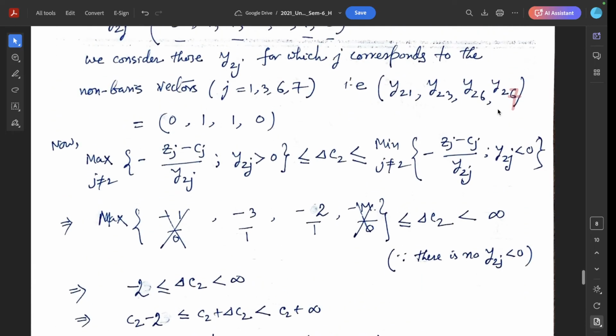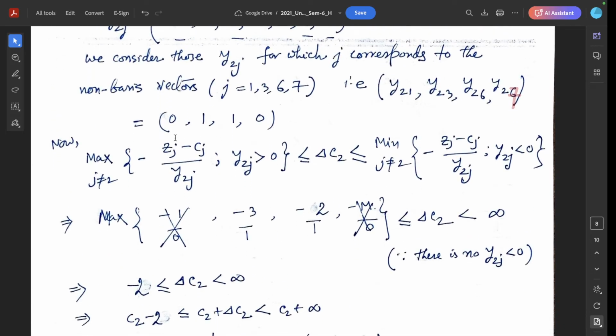Now the formula is: maximum over j not equal to 2 of minus (zj minus cj) divided by y2j, where y2j is greater than 0, is less than or equal to delta C2, less than or equal to minimum over j not equal to 2 of minus (zj minus cj) by y2j, where y2j is less than 0.